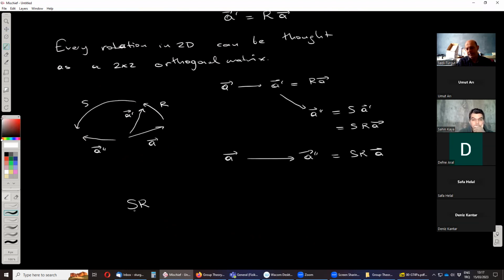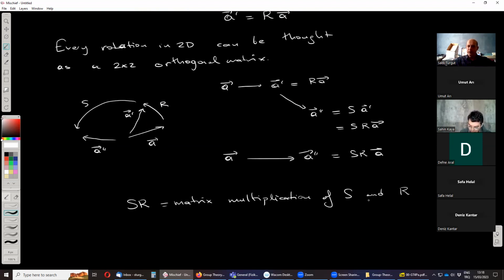So SR is the matrix multiplication of S and R, right?